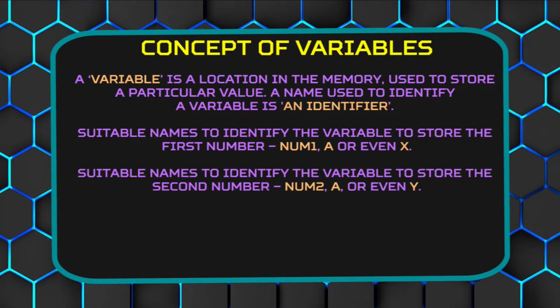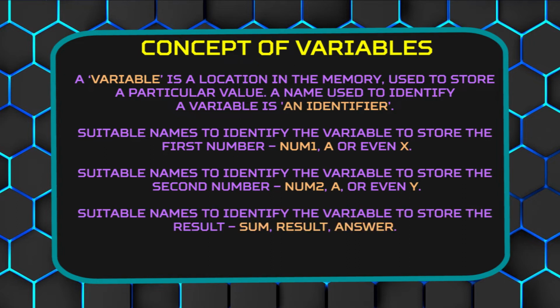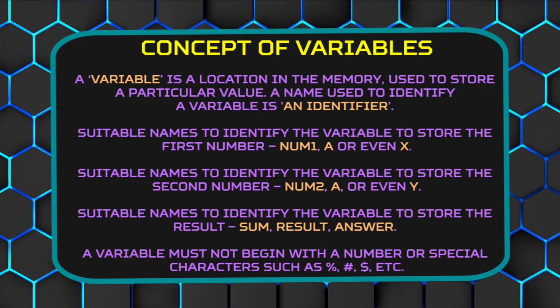Suitable names to identify the variable to store the second number would be num2, b, or even y. Suitable names to identify the variable to store the result would be sum, result, answer. A variable name must not begin with a number or special character such as a percentage sign, a pound sign, a dollar sign, etc.